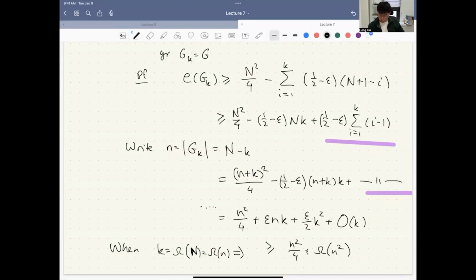So that's a contradiction, contradicting Erdős–Stone–Simonovits.